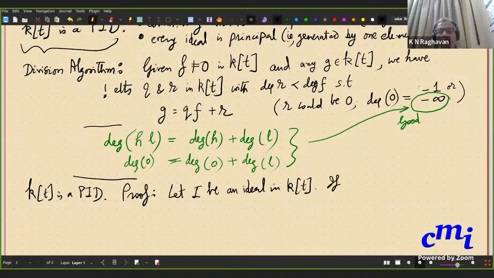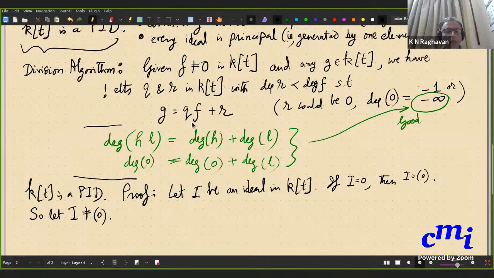If I is equal to 0, then of course I is generated by the element 0. We are done. Now let I not be 0, so it's a non-zero ideal.